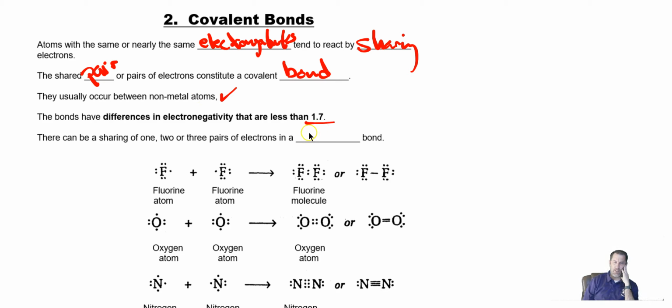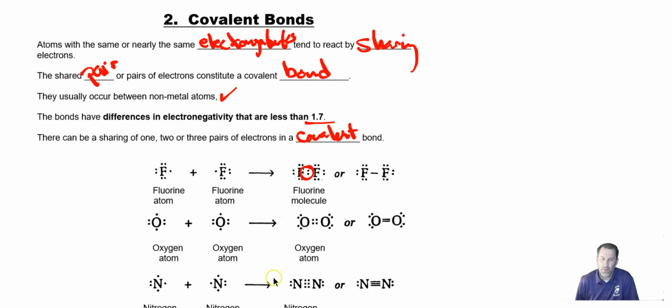And this is the value that's the cutoff, and that's on your periodic table on the far right side as well. There can be a sharing of 1, 2, or 3 pairs of electrons in a covalent bond. So this shows you an example of each. In this, fluorine needs 1 pair to share, so they just come together and share this pair right here. And we draw that as a line. Oxygen needs to share 2 pairs or 2 lines.